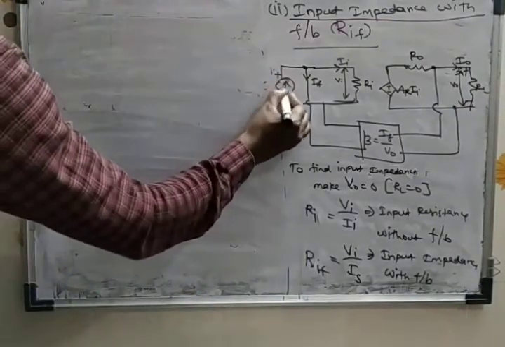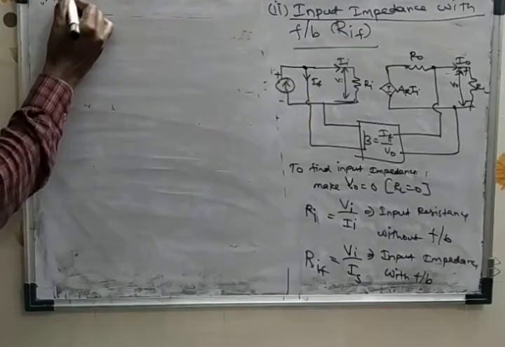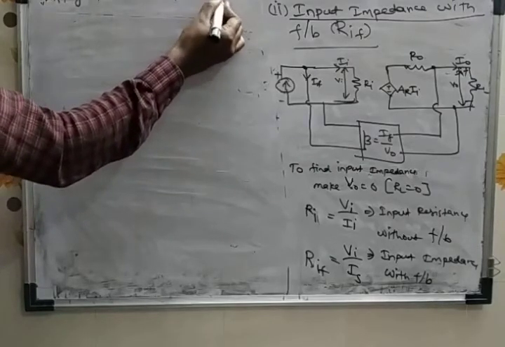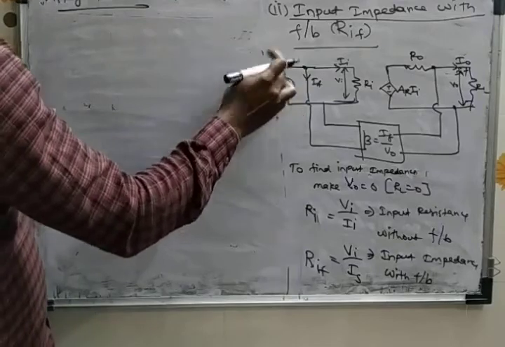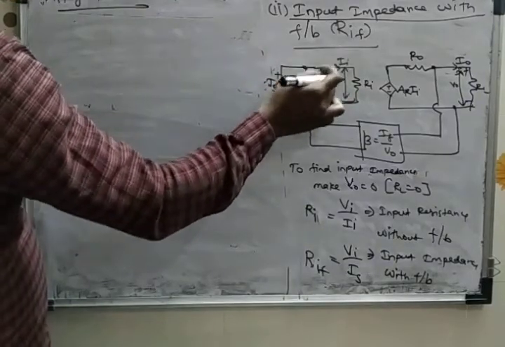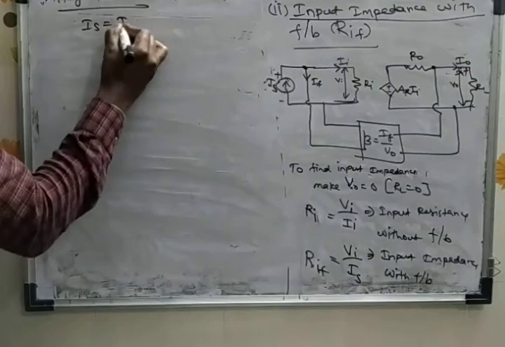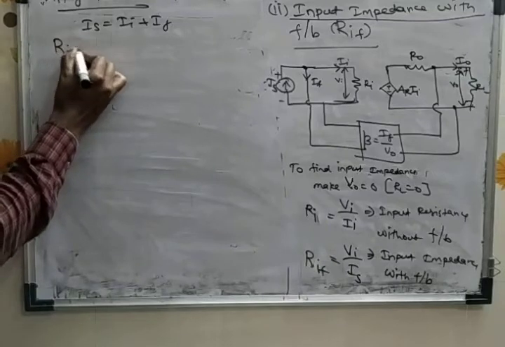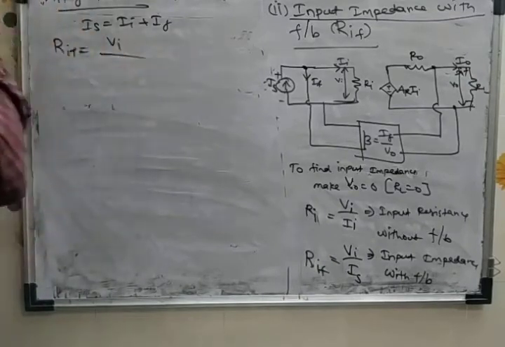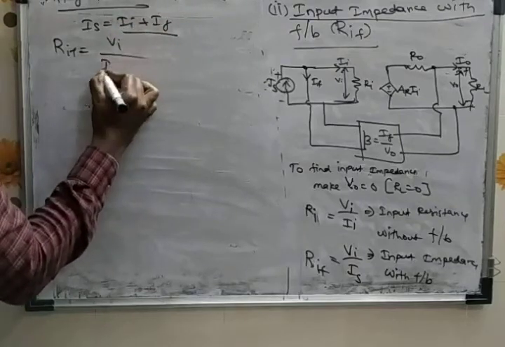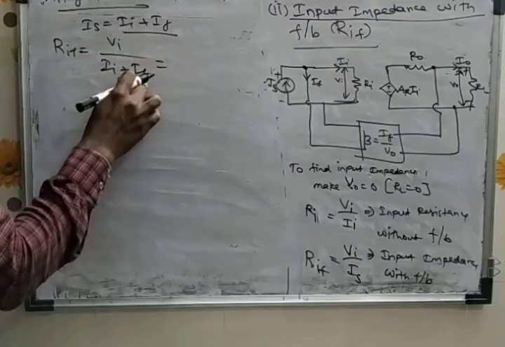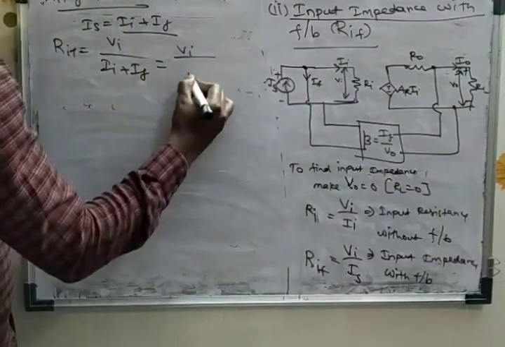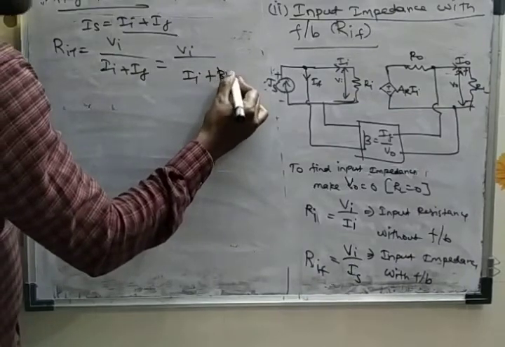So apply KCL at the input side. At the input side you have three currents. Incoming current is IS, outgoing currents are IA plus IF. So IS is equal to IA plus IF. So RIF is equal to VA by, instead of IS, substitute IA plus IF. Then replace IF with beta V naught, so VA by IA plus beta V naught.